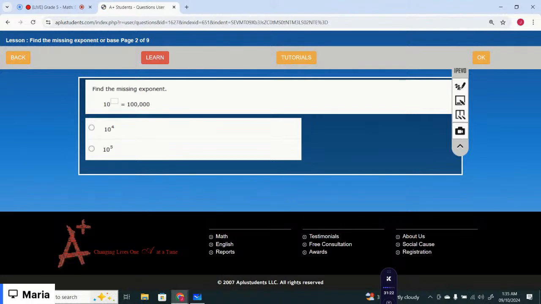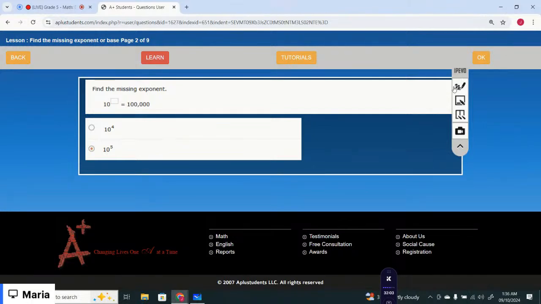Find the missing exponent. So which is the missing exponent? The correct option is 10 exponent 5, because you have 5 zeros over here.